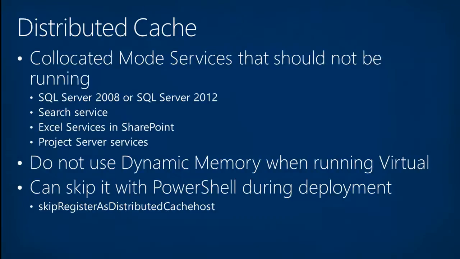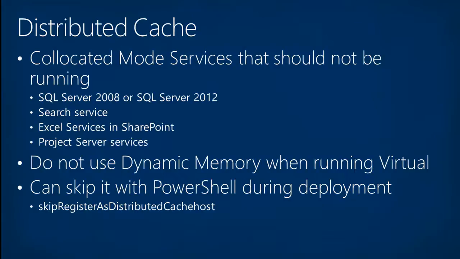So there's a few services that you want to make sure are not running on the boxes that you're dedicating for that. Now, as I mentioned, since the distributed cache doesn't automatically recalculate how much memory it's actually using, you want to make sure that if you virtualize the environment, on those boxes where you're running the distributed cache service, you don't run with dynamic memory.